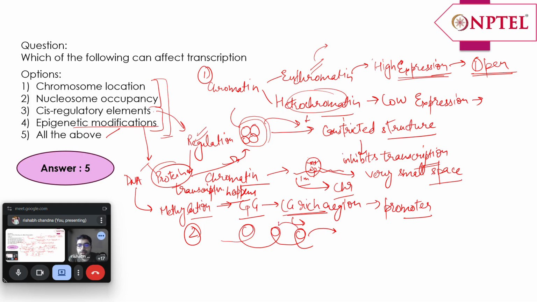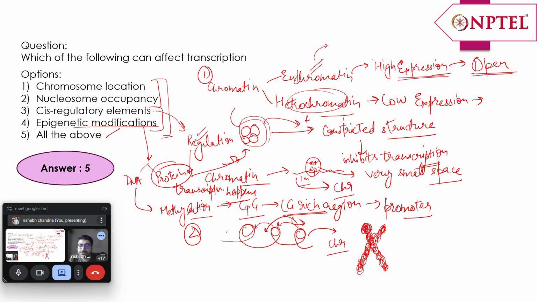To form a chromosome, this needs to be wrapped around itself. That leads to the formation of this constricted space, and this is how a chromosome is formed.